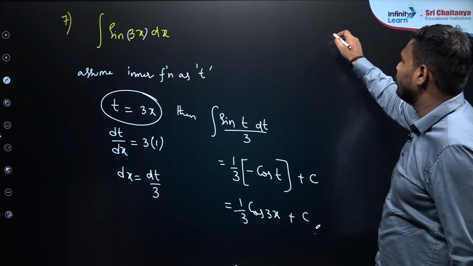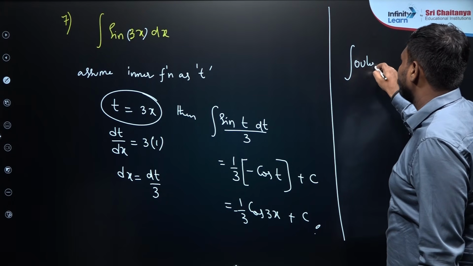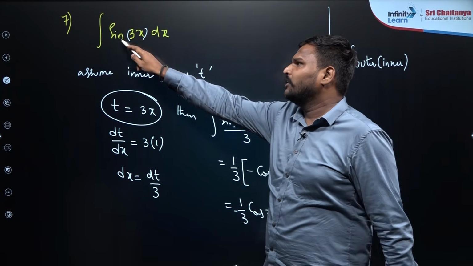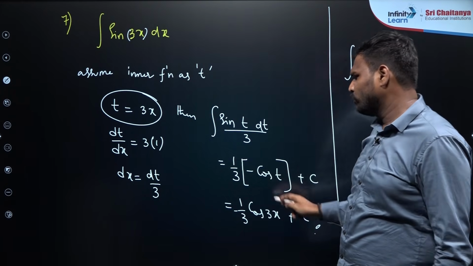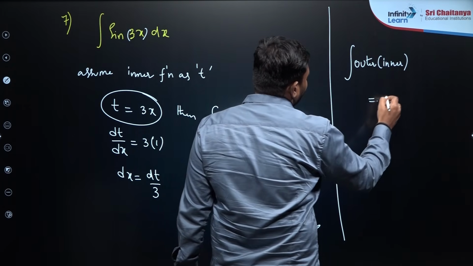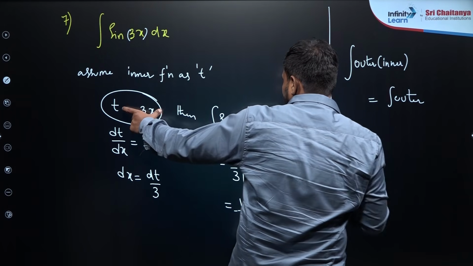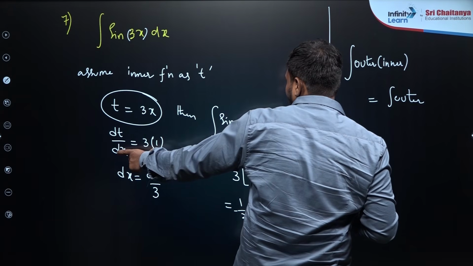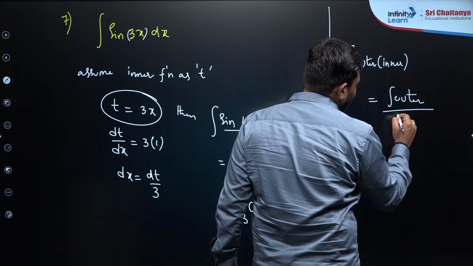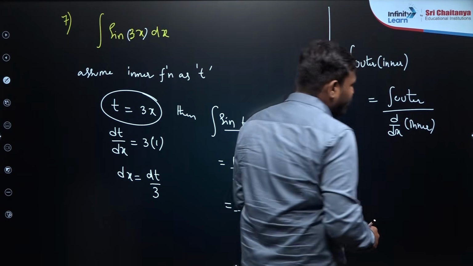Okay, so what is the shortcut? Whenever there is an outer function as well as an inner function, sine of something, we integrated sin t to minus cos t. The outer function we are integrating. So integrate the outer function, and for the inner function, t is equal to 3x, we had to differentiate and divide by that value.